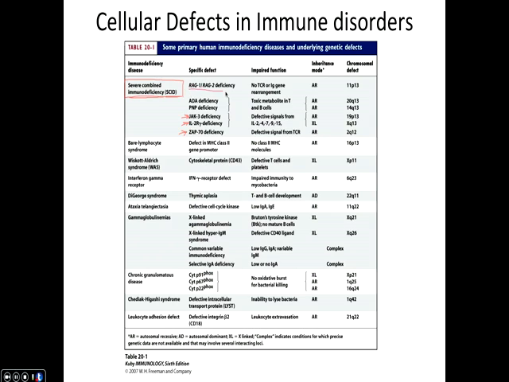It even has a RAG1, RAG2 deficiency, which means there's no T cell or B cell receptor rearrangement. So you can see why this is such a dramatically severe disease, and why it has to be diagnosed very early.